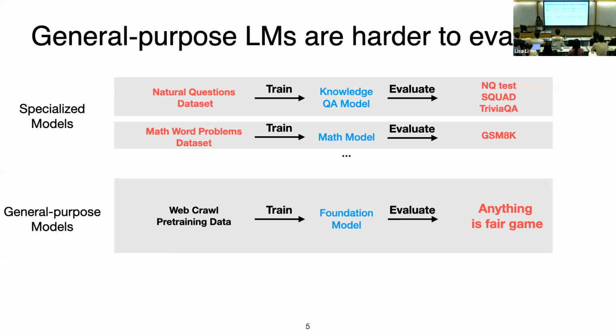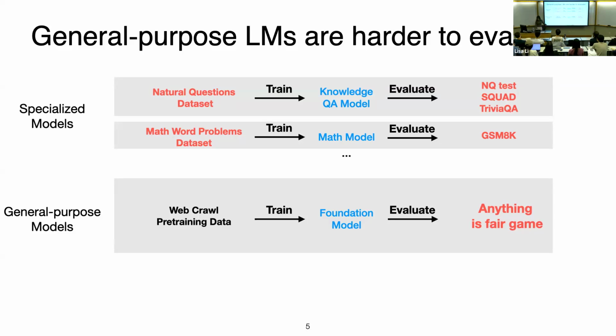Nowadays, people would train a general purpose foundation model on very broad internet data like Common Crawl. And then once we have the foundation model, we'll query it using different instructions or different prompts to conduct a diverse set of tasks. So essentially, to evaluate these general purpose models, we can ask anything, and anything in terms of evaluation becomes fair game.